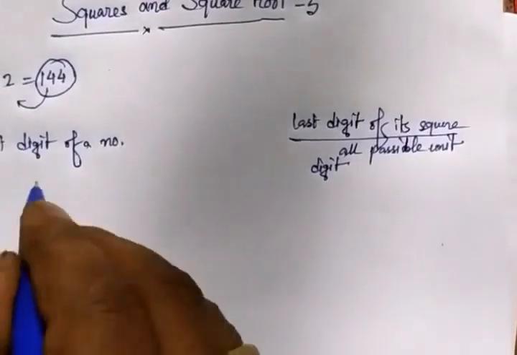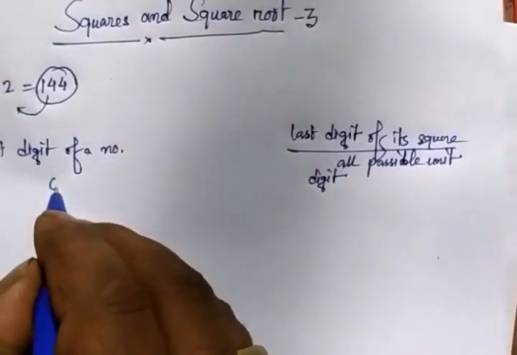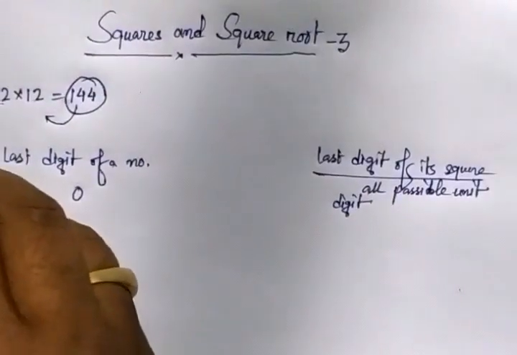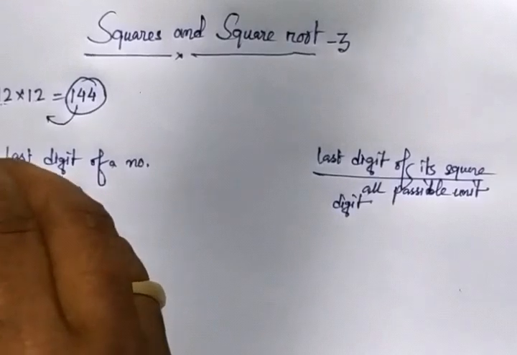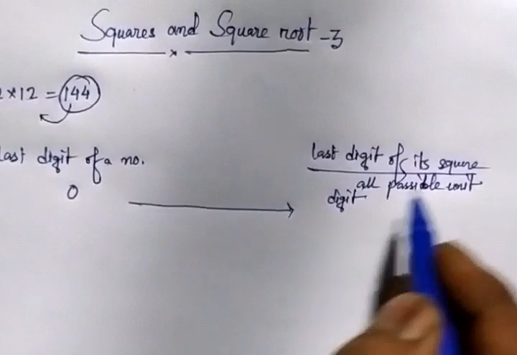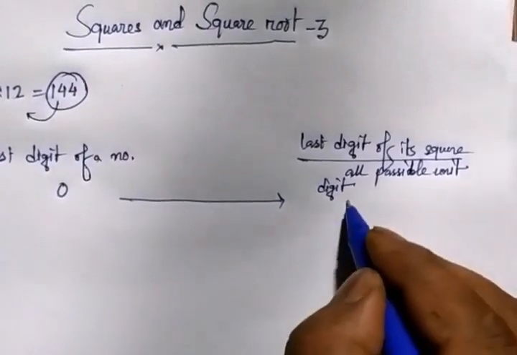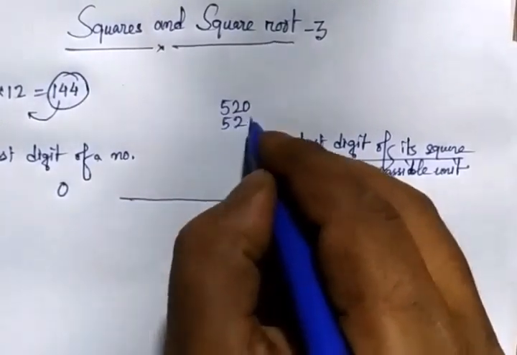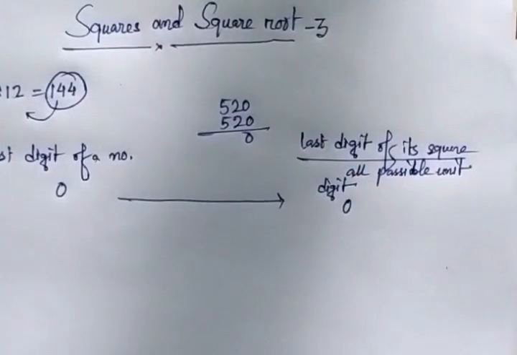If the last digit of a number is 0, it may be 100, 1520, this kind of number. Then what is the last digit of its square? It is 0, because 520 into 520 ends in 0.